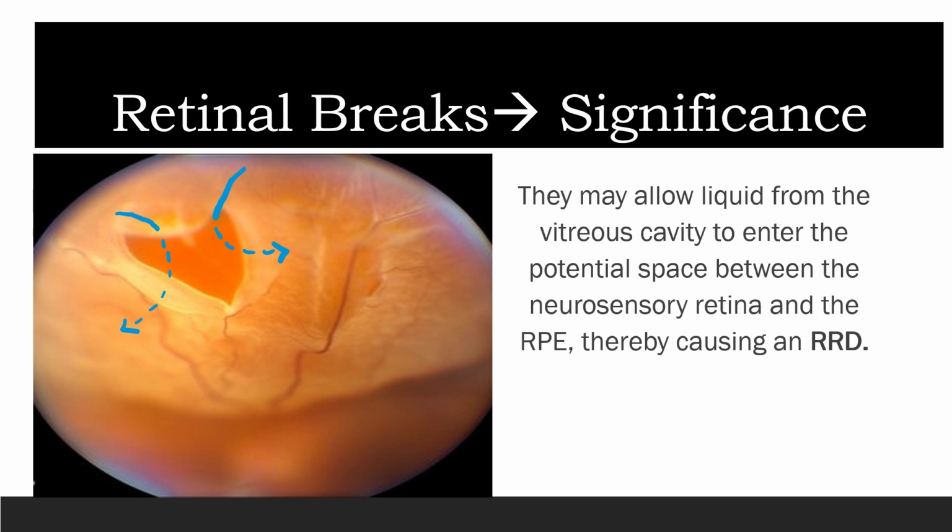Now, the thing is, why are we talking about these retinal breaks? What is its significance? Now, we know that sitting in front of the retina is your vitreous, situated in the vitreous cavity, right?